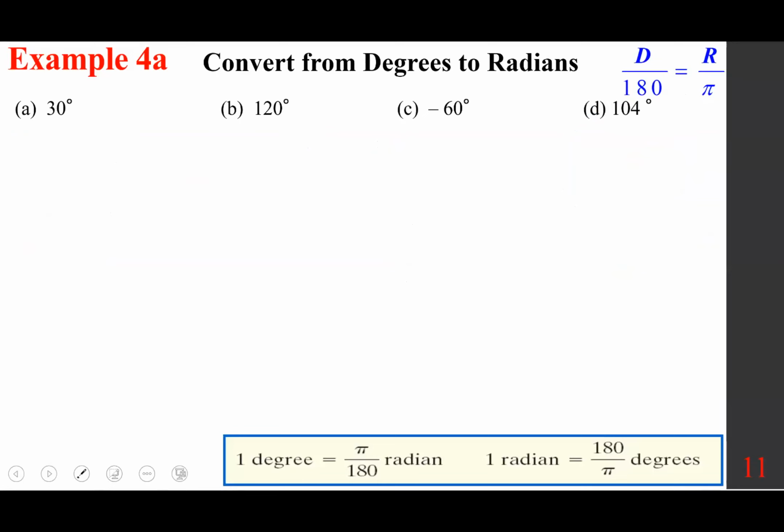All right. We want to convert from one format to the next. In this case, degrees to radians. We can use that. And if we have the degrees, that means over here we have the number and the R is missing.